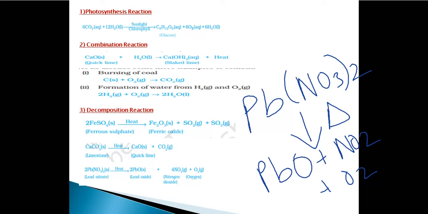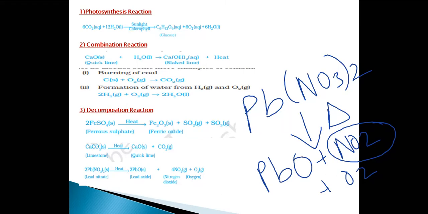Many times this question is asked: name the brown color fumes which are obtained when lead nitrate is heated. So which product gives us the brown color fumes? Nitrogen dioxide will give you brown color fumes. Whenever lead nitrate is heated, you get nitrogen dioxide as brown color fumes.